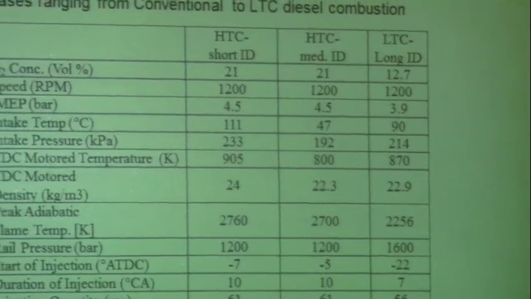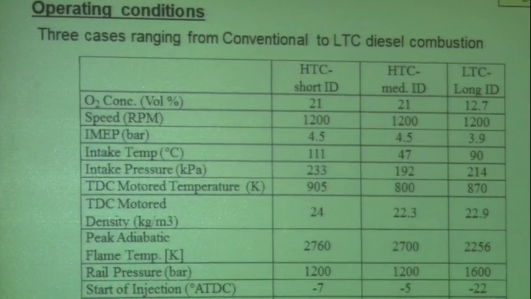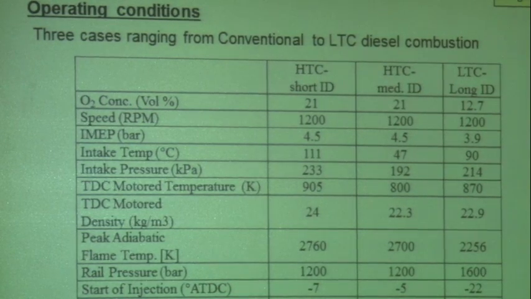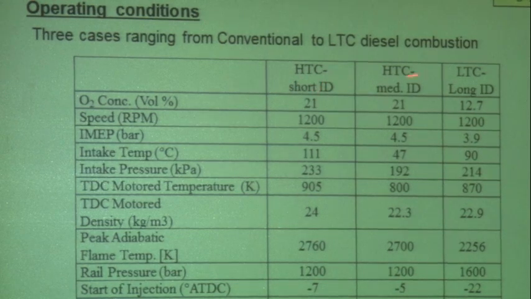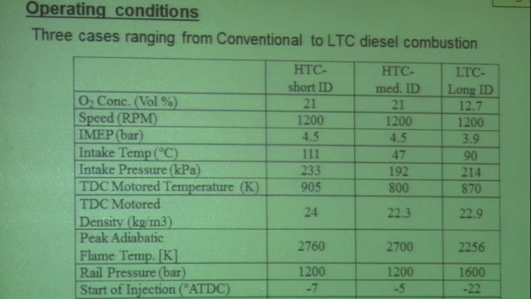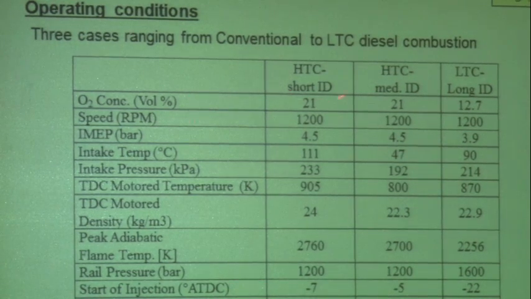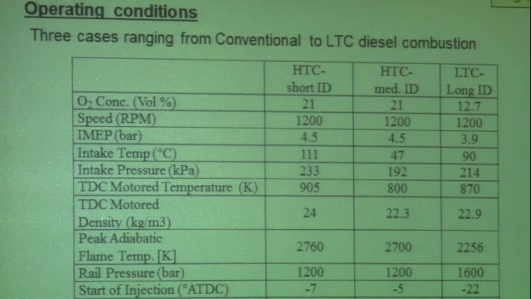So the experiments that we looked at were experiments done by one of our students who spent a year working with Mark on high temperature combustion and low temperature combustion. And the experiments were carefully designed to allow you to look at cases that had short ignition delays and cases with medium ignition delays, and then the low temperature combustion, the long ignition delay, as would be the case with PCCI type combustion.